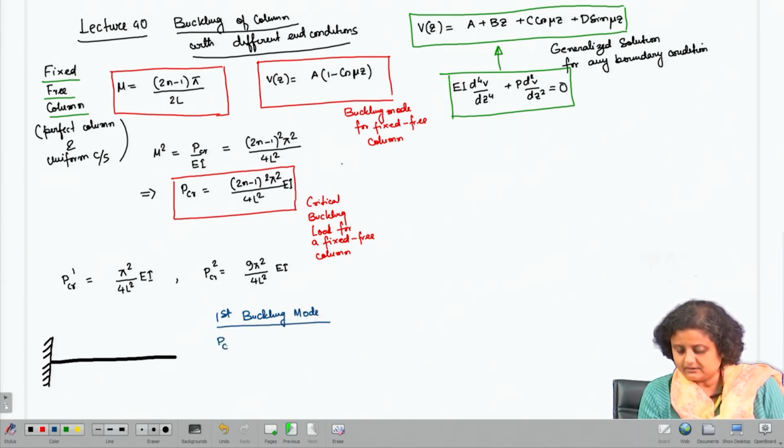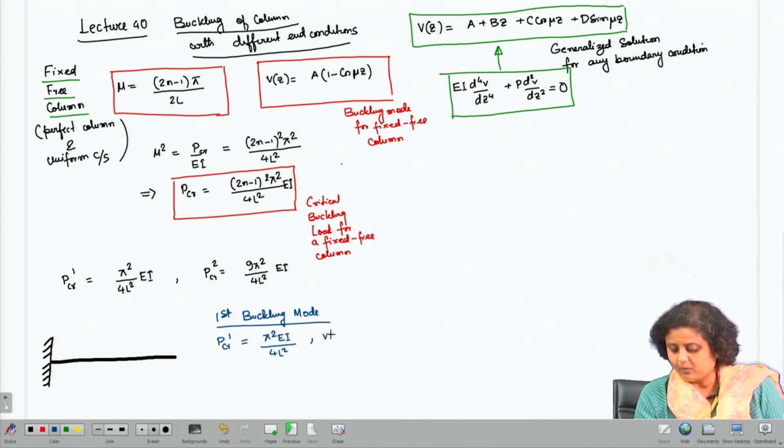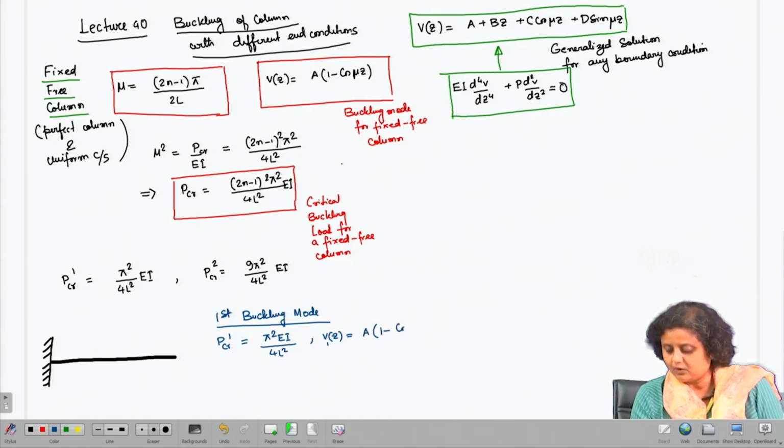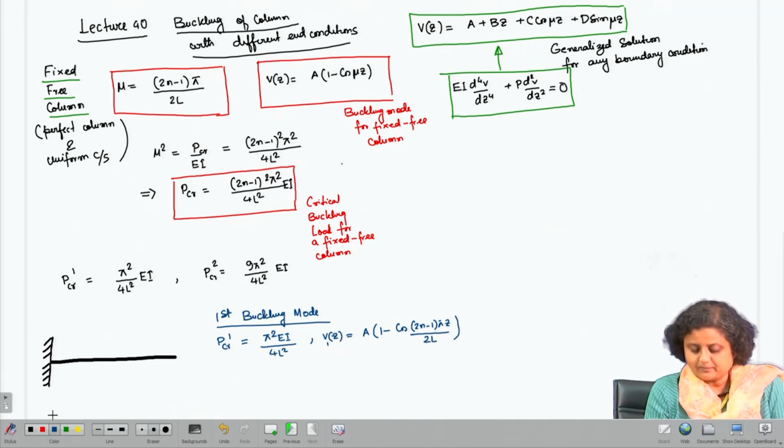P critical 1 is going to be pi square EI by 4L square, and the first buckling mode Vz is going to be A (1 minus cos pi z by 2L). Sorry, it should not be 2n minus 1. So, if I try to plot it, the first buckling mode is going to be like this or like this.